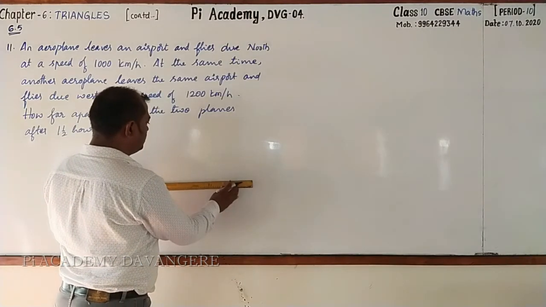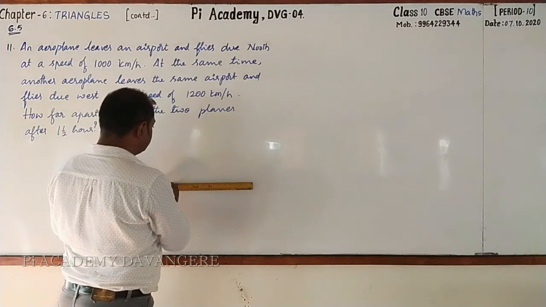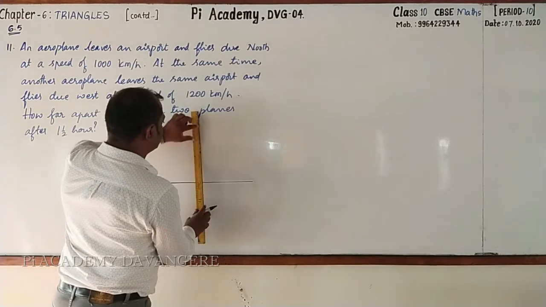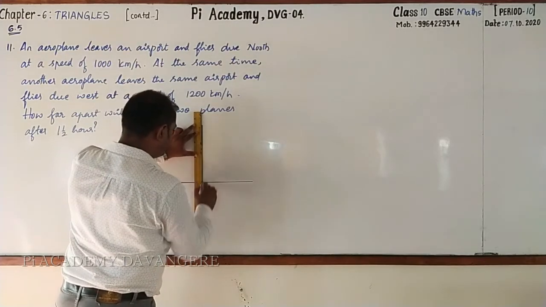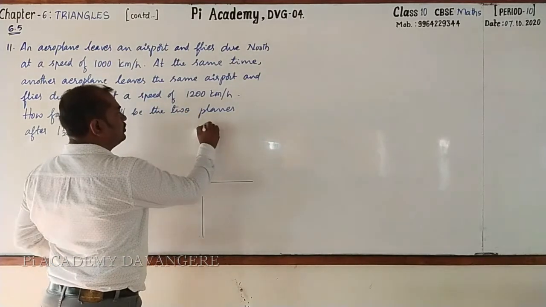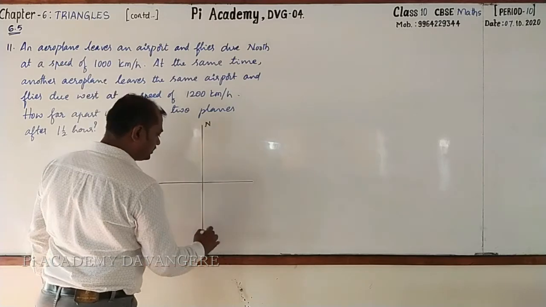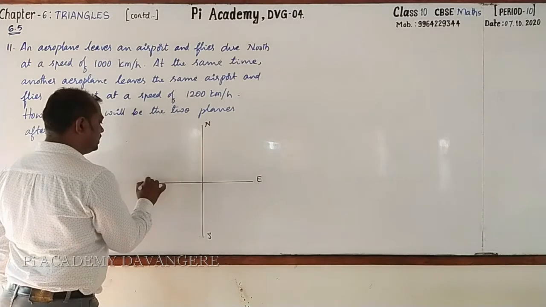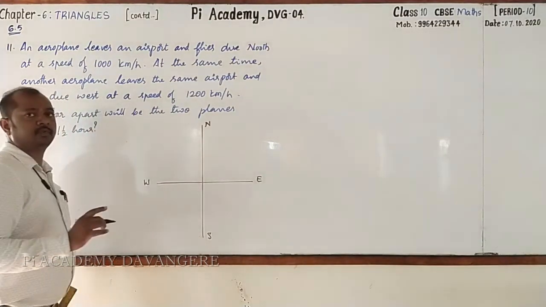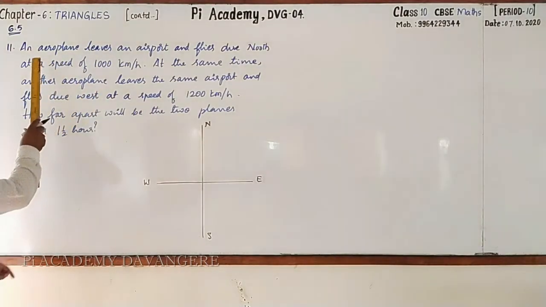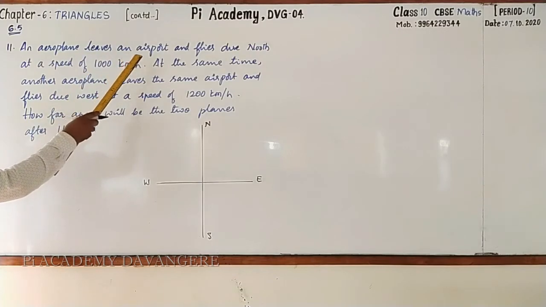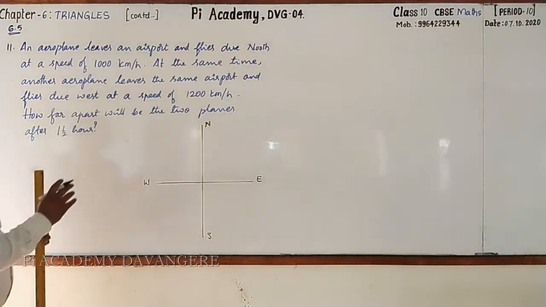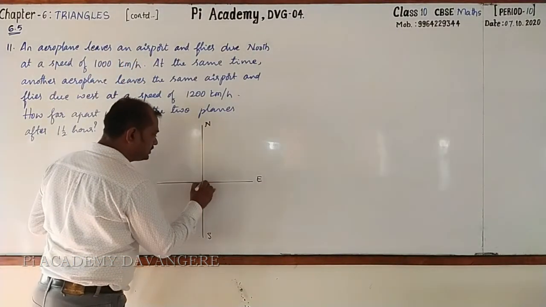Now, here I am drawing the direction. Look here, observe. This is north, east, south, and this is west. Look here, first aeroplane. An aeroplane leaves an airport and flies due north. So this is the airport.